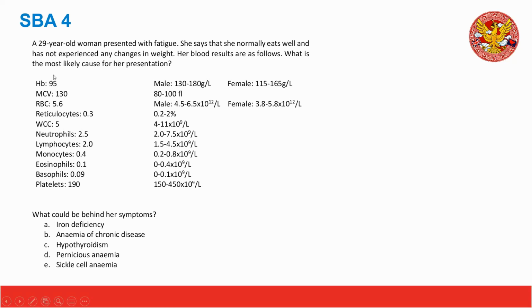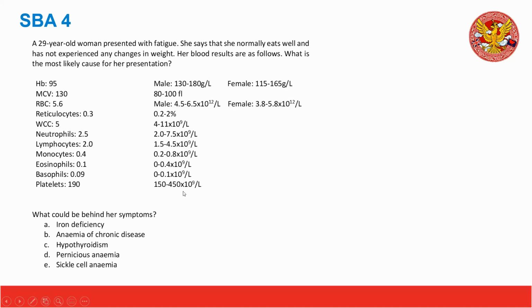Hemoglobin is low, so it's an anemia. The MCV is 130, that's high, so this person has a macrocytic anemia. Immediately that rules out a few differentials, yeah? Everything else seems to be pretty normal and fine, I'm not too worried. So this is a macrocytic anemia.